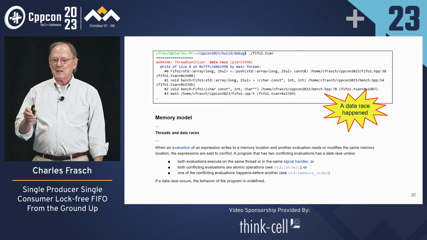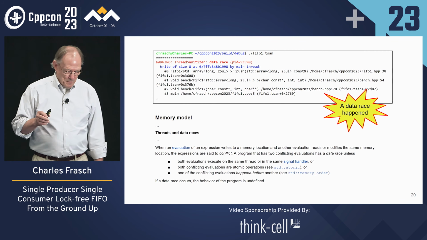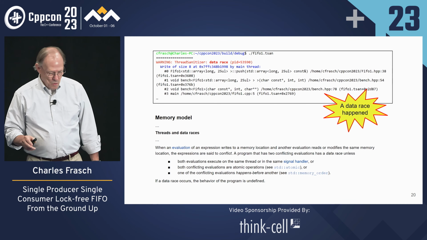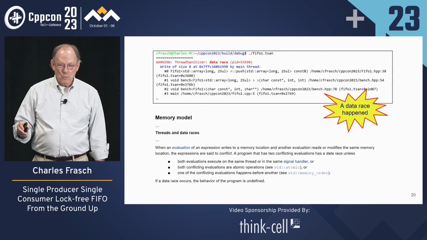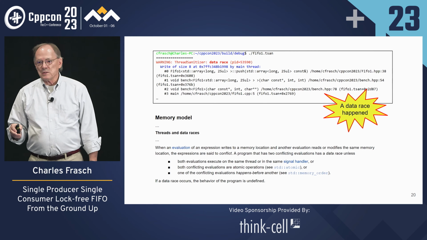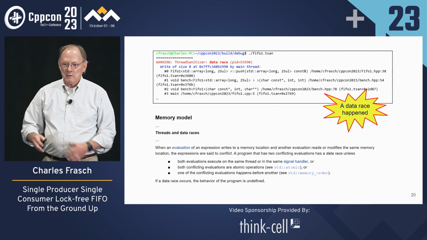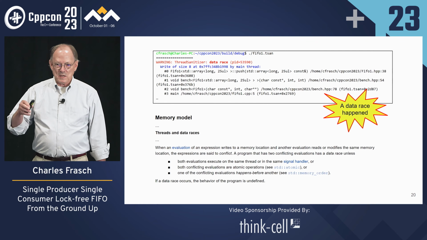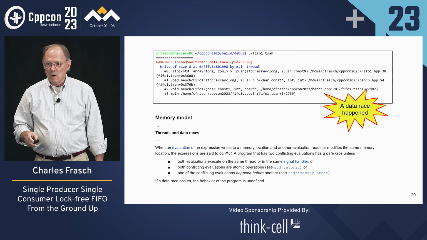If there are 2 conflicting evaluations, a data race happens, unless both evaluations execute in the same thread, which is not what happens here, or both conflicting evaluations are atomic operations, which doesn't happen here, or one of the conflicting evaluations happens before the other. You can follow that link and get the complicated definition of what happens-before, and we'll dive into that a little bit. If none of those 3 conditions are met, we have a data race.